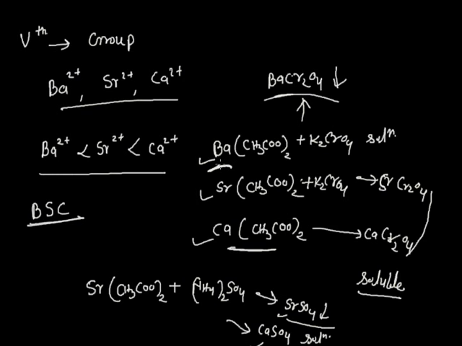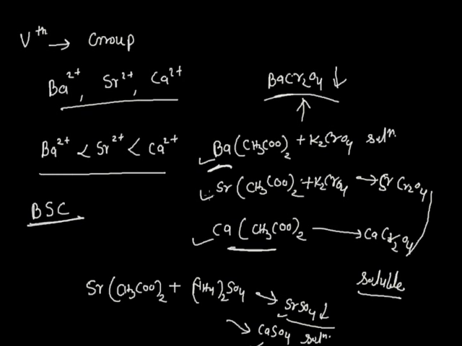So if initially in the first part we add ammonium sulfate solution, we cannot identify whether the salt contains barium plus 2 or strontium plus 2, since both form a precipitate. So if we want to identify both separately, it is compulsory to add the reagents one by one. First we add potassium chromate solution, since with potassium chromate only barium is precipitated, but strontium is not precipitated.